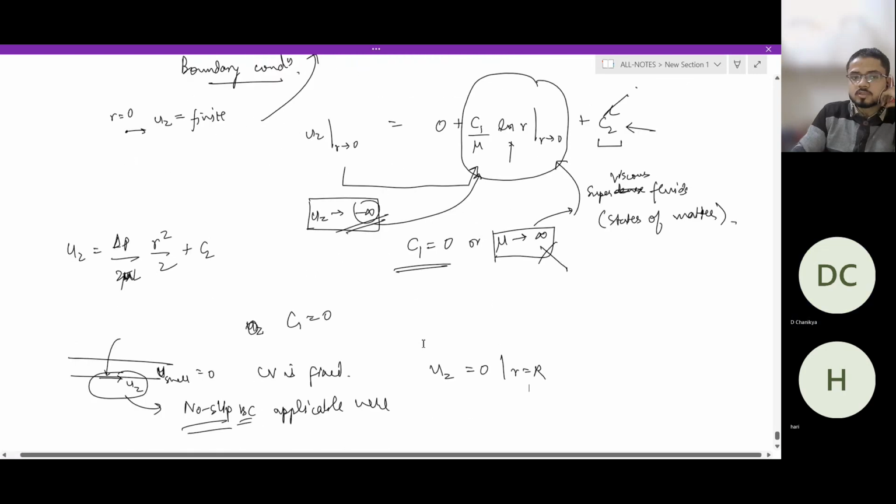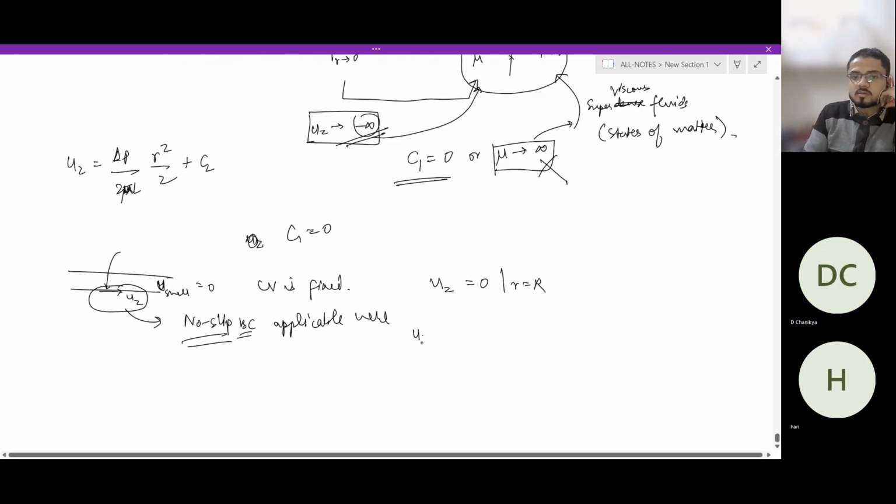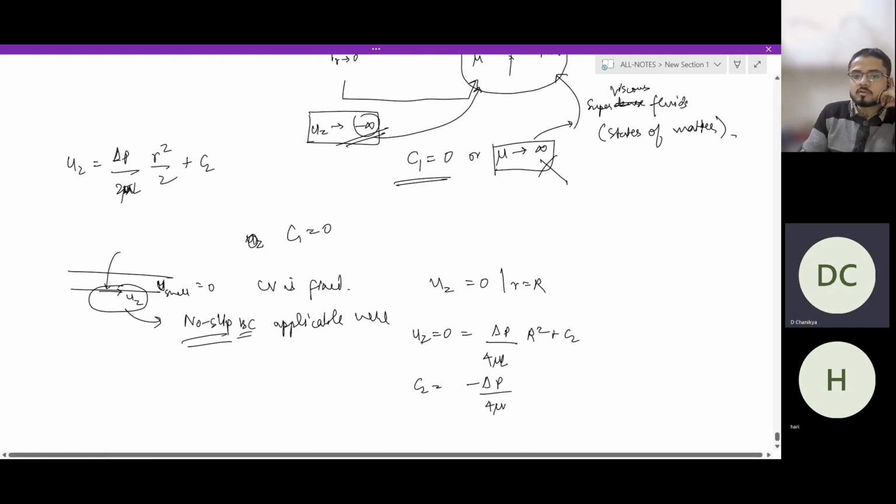So this would mean that Uz equals 0 equals del P over 4 mu L times R squared plus C2. So C2 is equal to minus del P over 4 mu L R squared.